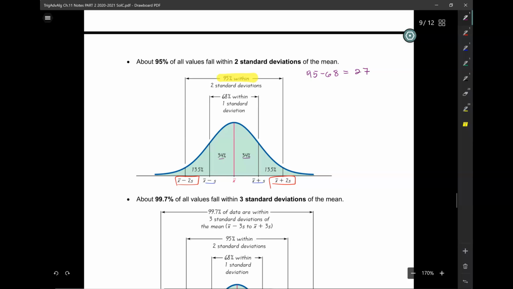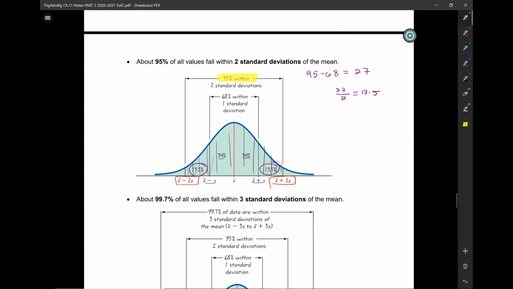Half of the 27 is on the left side and the other half is on the right side. So 2 standard deviations up and 2 standard deviations down, the whole thing together is 95% of the data. More accurately, in each of the 4 parts, you've got 13.5, 34, 34, 13.5. Complete and utter symmetry.